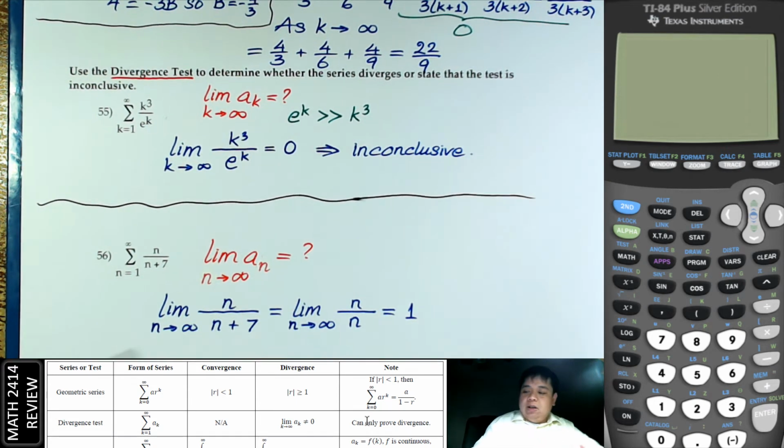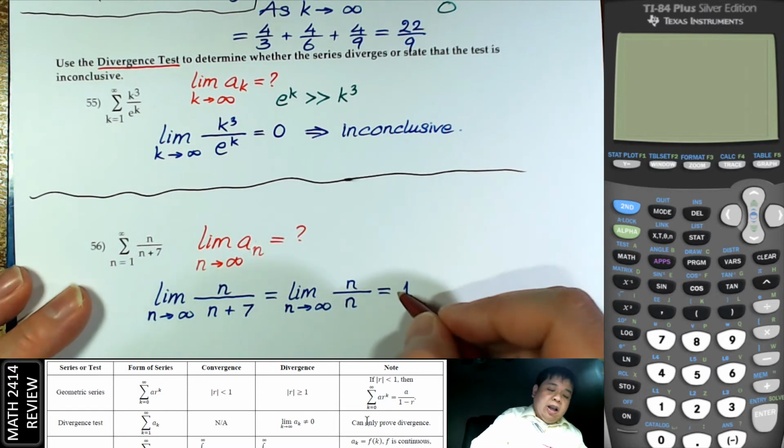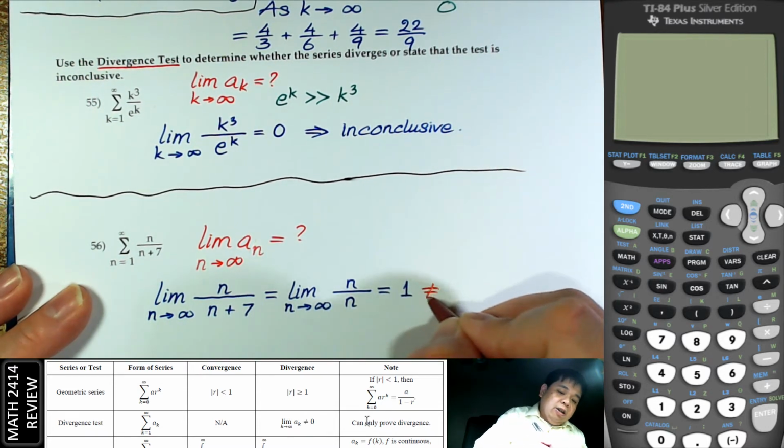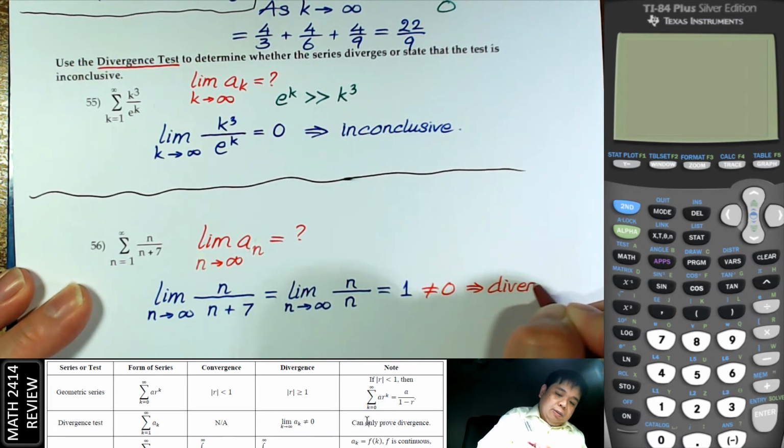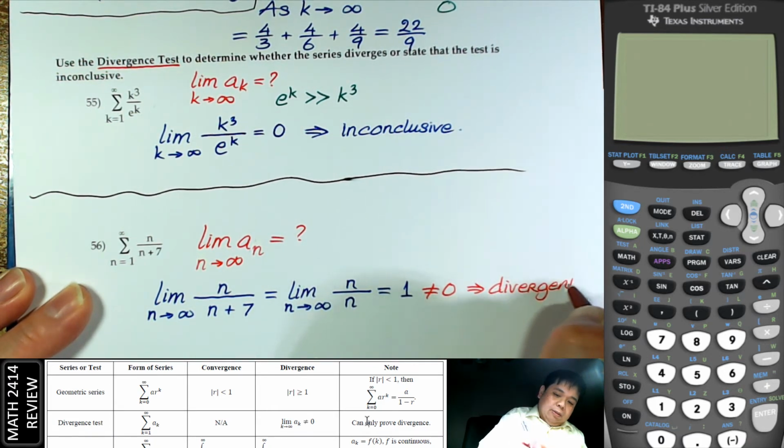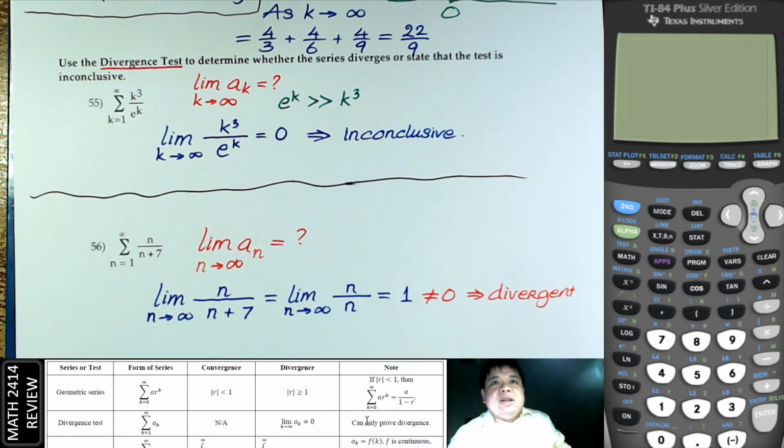Now, if the nth term is not 0, that means it is divergent. Think about this. We have a series that goes on indefinitely. If we know that it will never go to zero, that means the sum is constantly changing. We just keep adding something to it, and that something is not zero.